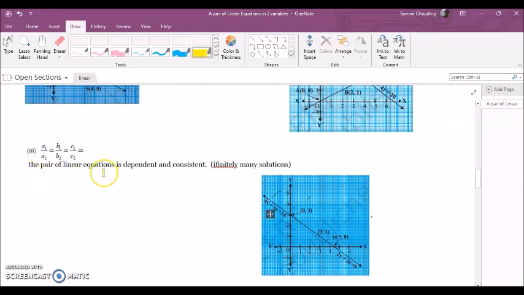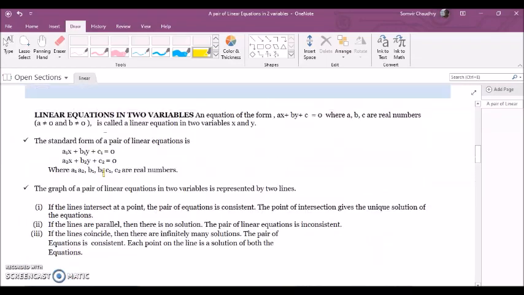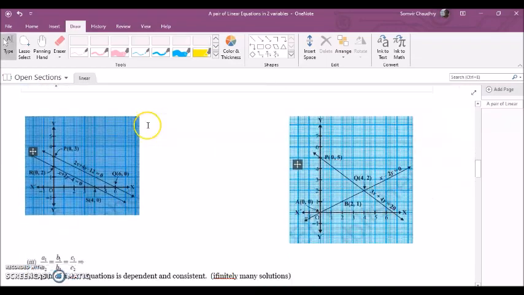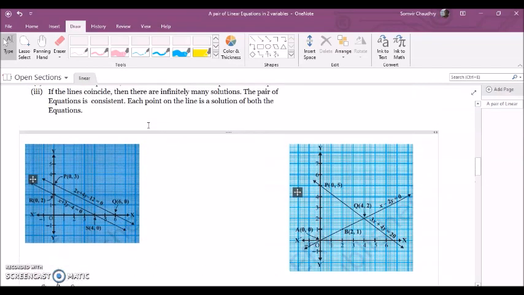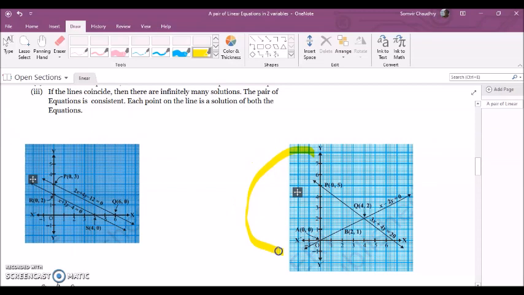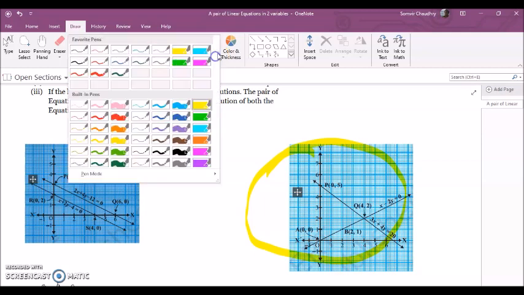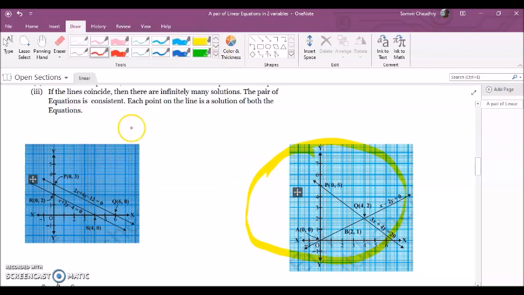The first condition was when A1 upon A2 is not equal to B1 by B2.